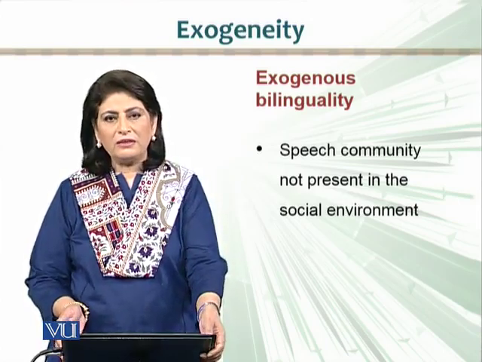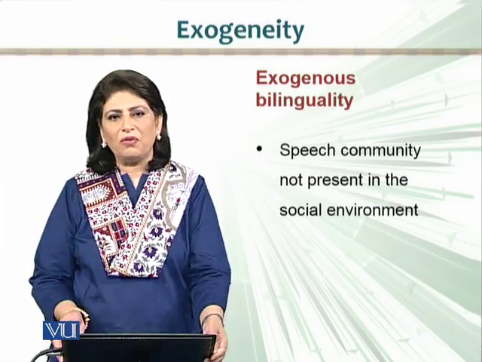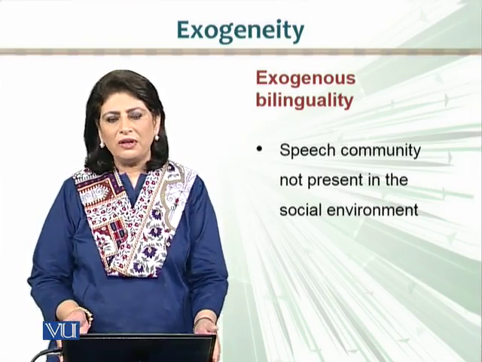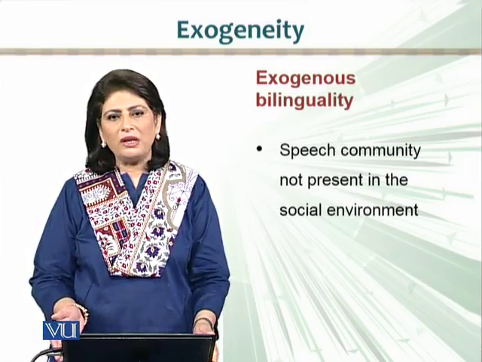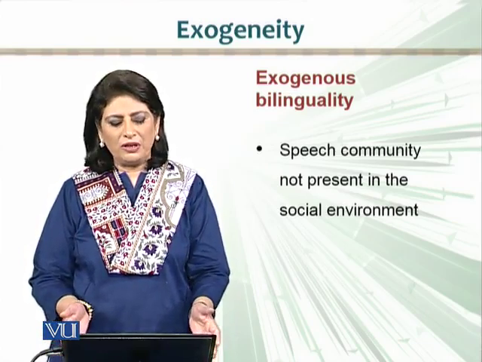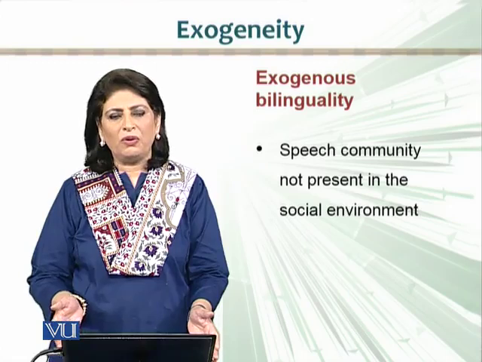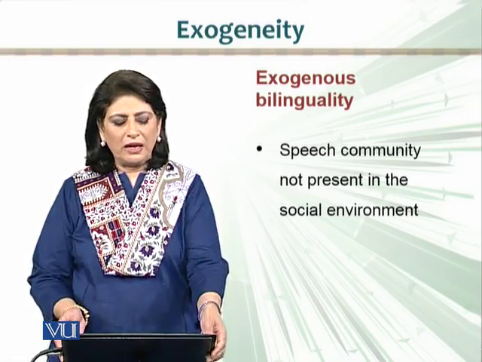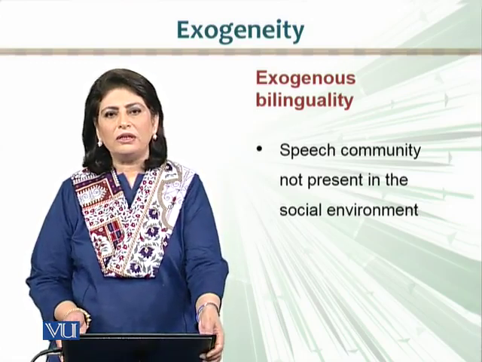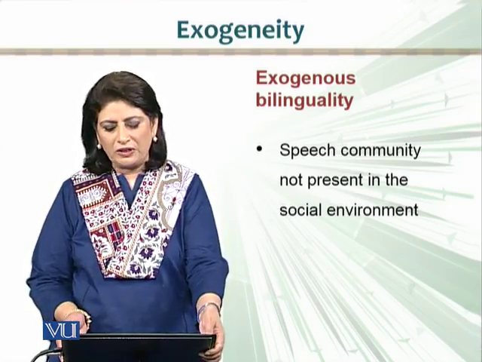This is a situation in which there are some vernaculars and then there is another language, or just one language, where you don't have the native speakers but the language is spoken. This is called exogenous bilinguality.